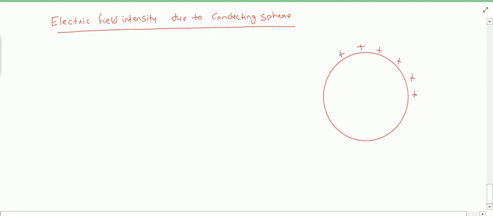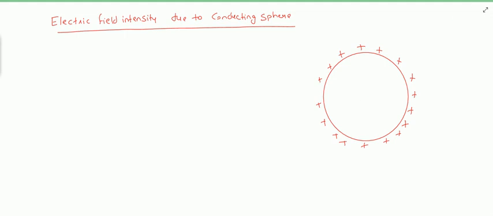There will be no charge inside the conducting sphere. All the charge will be spread over the surface uniformly.